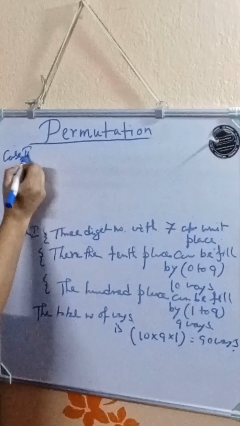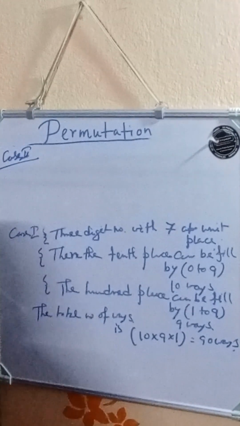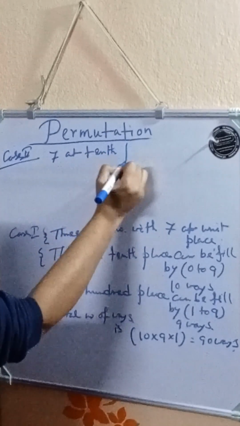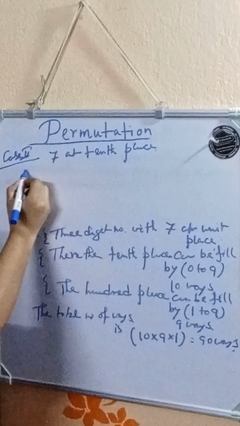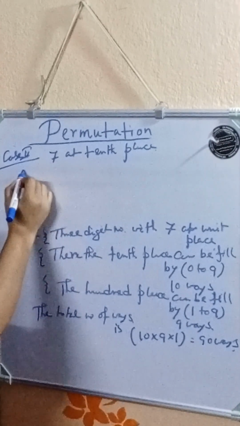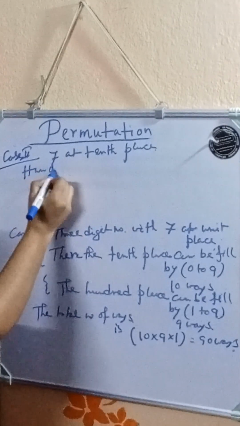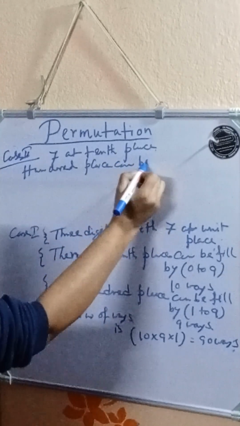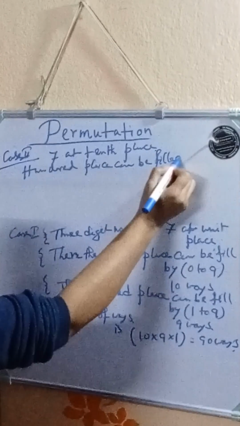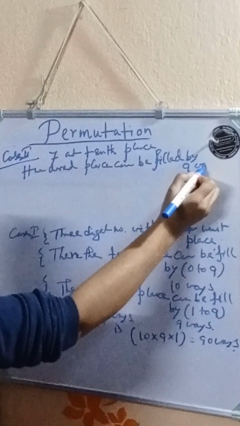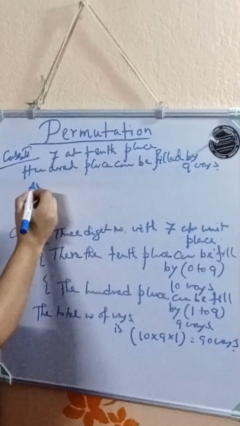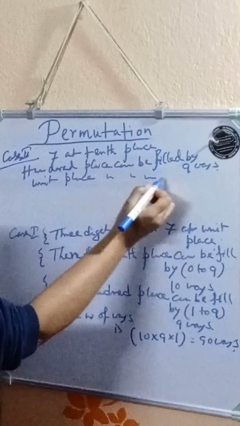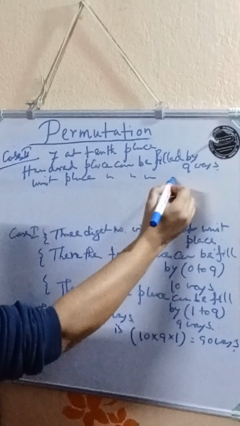Case 2. 7 at the 10th place. Then the 100 place can be filled in 9 ways, and the unit place can be filled in 10 ways.